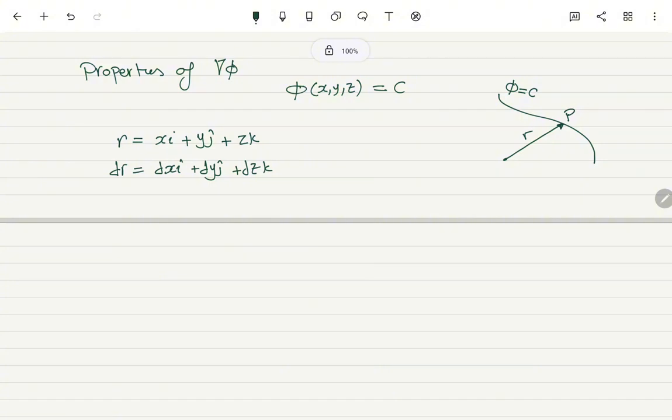Since phi is constant, d phi is equal to 0, or we can say d phi is equal to gradient phi dot dr, which is equal to 0. From this we can conclude that gradient phi is perpendicular to dr.